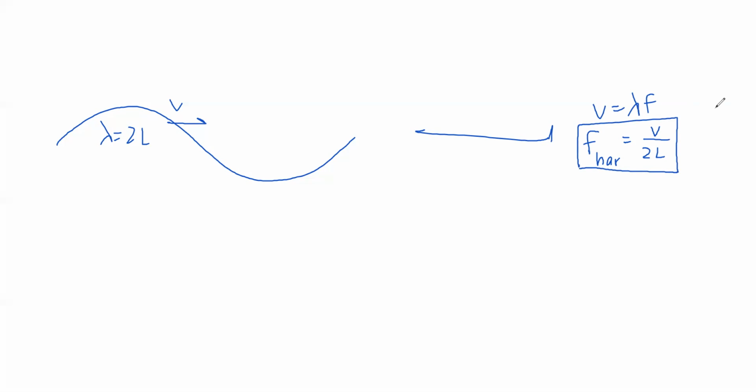And of course, for our simulation, if you remember, we had a frequency of 0.4 hertz. I remember the speed of the wave was, I think, 6 centimeters per second in the simulation. And so evidently we must have had a length of the string equal to 12 centimeters. Right?